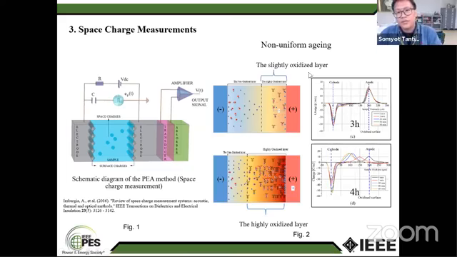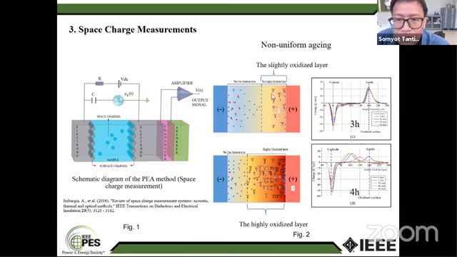So look into figure 2 for the non-uniform aging case. In the above figures, we have the polyethylene sheet aged slightly, containing a slightly oxidized layer, and in the figures below, we have the highly oxidized layer. On the right-hand side, this shows the space charge result: for the sample aged for 3 hours, the charge was trapped inside the polymer insulation.